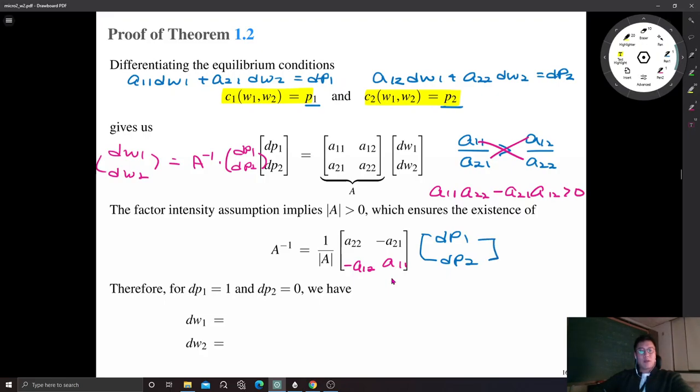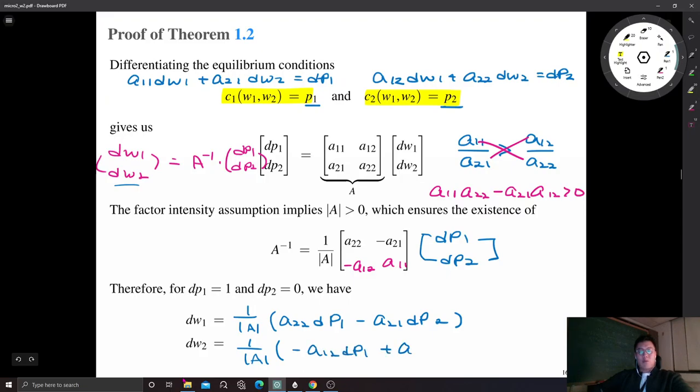So dW1, the change in the price of factor 1, is going to be 1 over the determinant times A22 dP1 minus A21 dP2. And dW2, the second entry, is going to be 1 over the determinant of A, negative A12 dP1 plus A11 dP2.